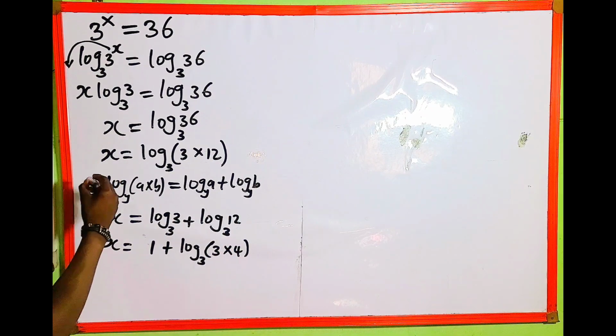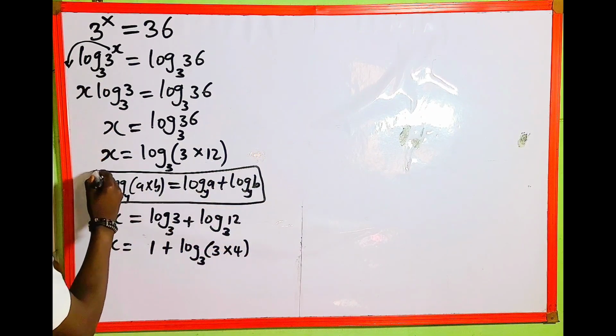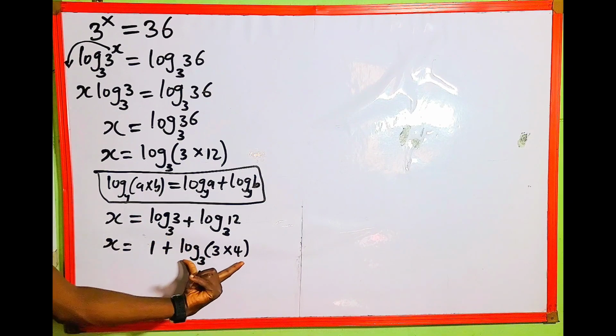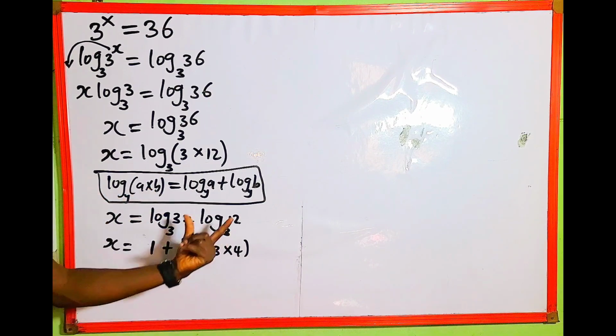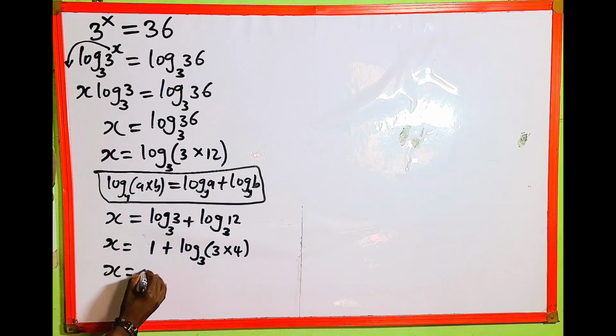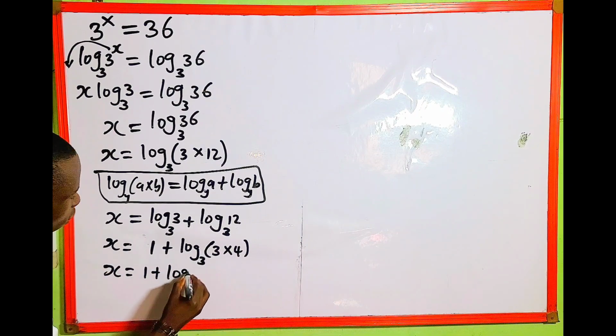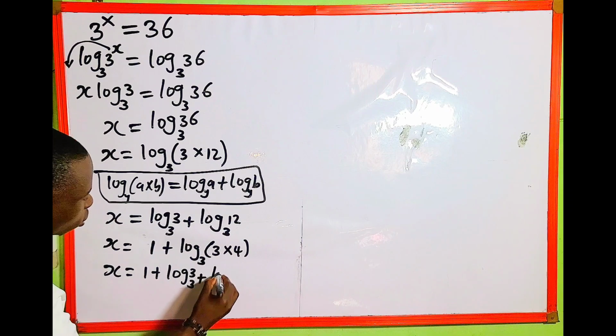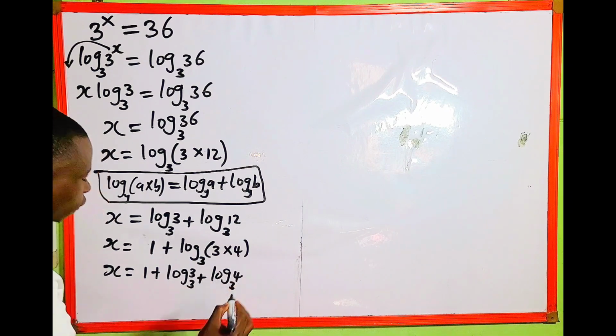Now we need to apply this property again to this place. As you can see, this is in the form of this. So applying this property, we are going to transform into this form. We are going to have x equal to 1 plus log of 3 to the base of 3 plus log of 4 to the base of 3.